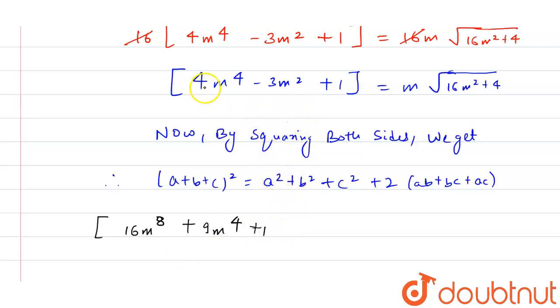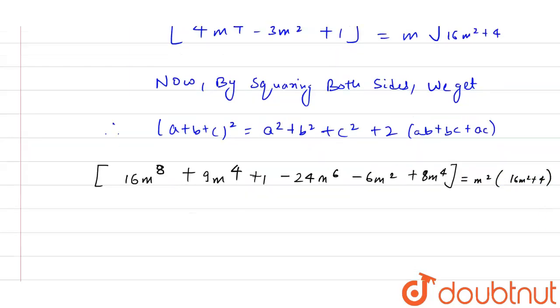So we get 2 multiplied by 4 multiplied by minus 3, which is equal to minus 24m power 6, and now 2 of bc, which is minus 6m square, and plus 2 of ac, which is plus 8m power 4, and that is equal to this value, m square, and in the bracket 16m square plus 4.